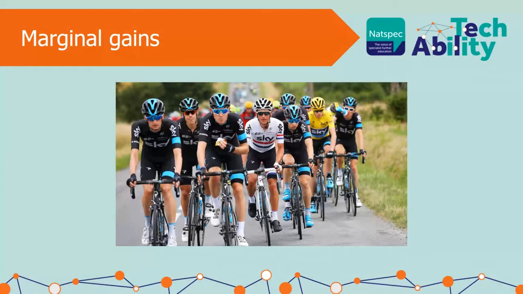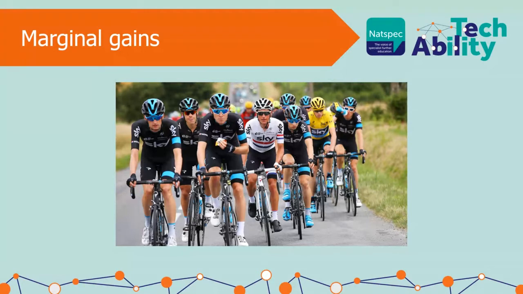They shaved a few grams off a chain set, found a better lubricant for their chains, and made their tires more sticky by rubbing them with alcohol or something like that. I don't know the difference. We're not talking about cycling today, but the point is that it turned them from not a very competitive team to, within a couple of years, the world's leading cycling team, winning all the major cycling events.